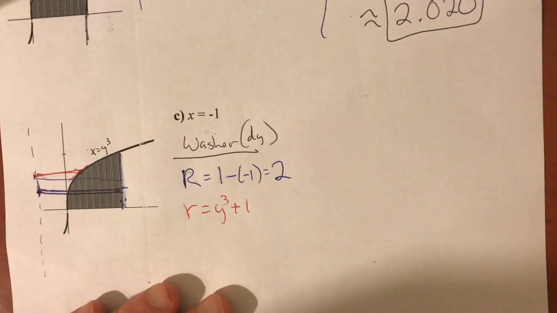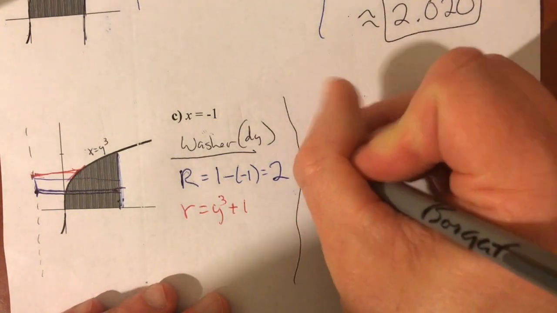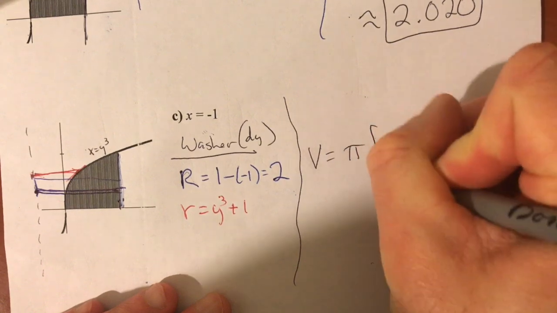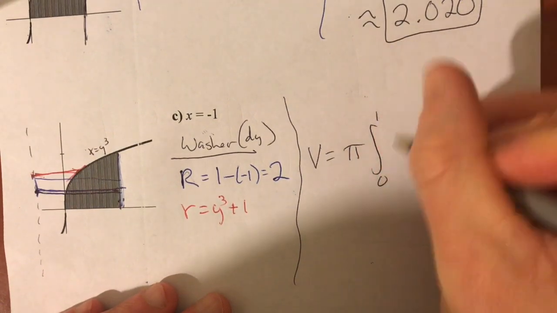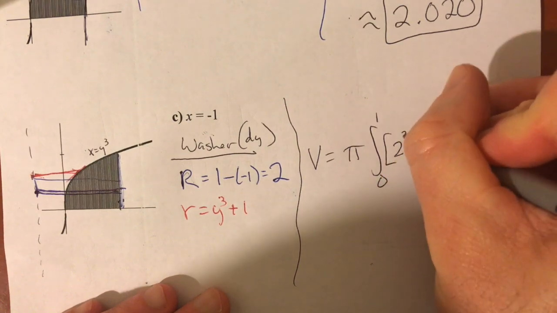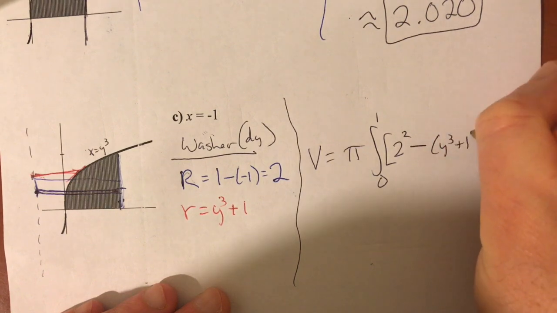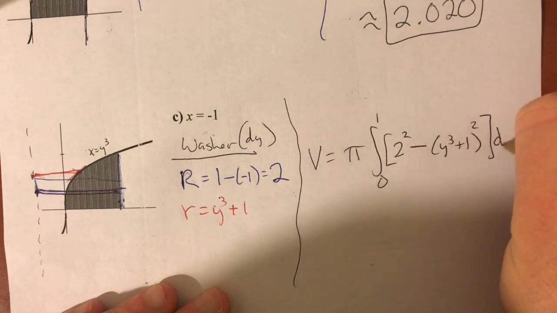There's your small radius, there's your big radius, and here we go. Last problem. Let's finish strong here. Volume, pi integral from 0 to 1 on the y-axis of big R squared, so that's 2 squared or 4, minus little r squared, y cubed plus 1, squared, dy.